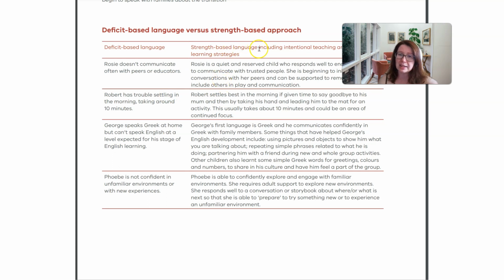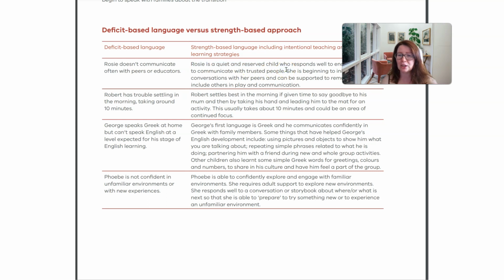So strengths-based language will include the intentional teaching and learning strategies, but also will include current capabilities of the child and view them through the lens of high expectations. Rosie is a quiet and reserved child who responds well to encouragement to communicate with trusted people.